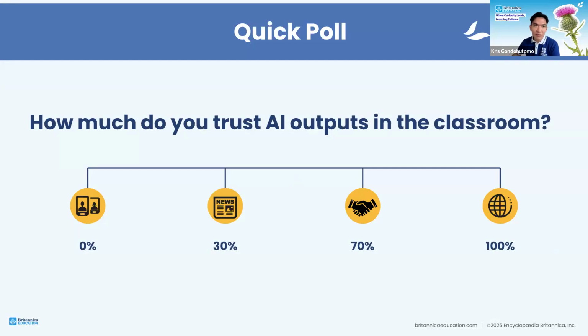I'm curious, how much do you trust AI outputs in the classroom? 0%, 30%, 70%, or 100%? So I got one person who actually responded in the chat window, 0%.